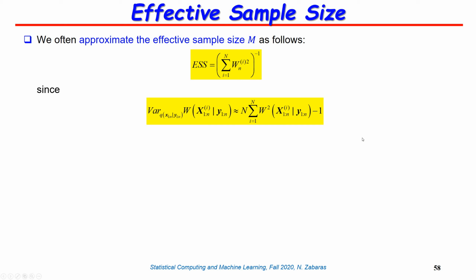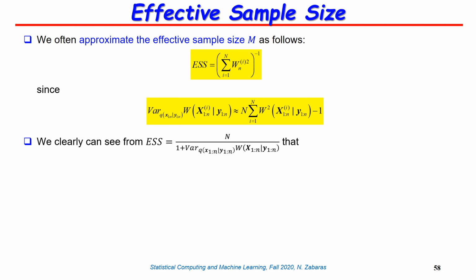And you remember what I had before for the effective number of samples: n divided by 1 plus the variance of W. So that is actually the inverse of the sum of the squared normalized weights. This gives you a very nice way to see the effective sample size, and this is what I will use to report in my calculations how well importance sampling is doing.